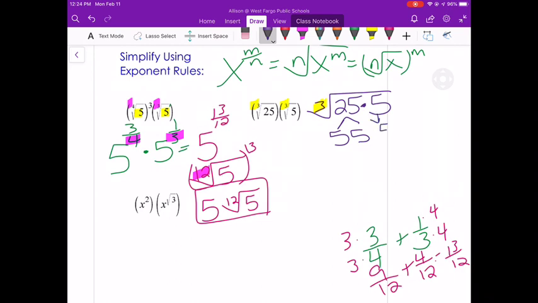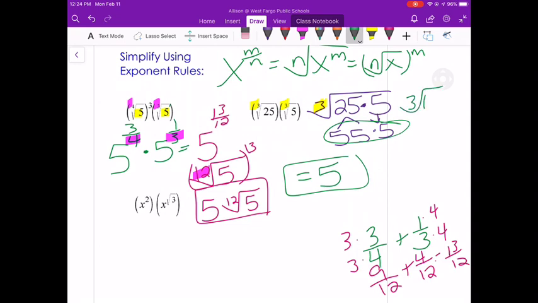And we got one more 5 here. So 5 times 5 times 5. And then notice that it's a cubed root and I have a group of 3. So the cubed root of this is 5. So it just equals 5. Because 25 times 5 is 625. Or 125, I mean. And the cubed root of 125 is 5.